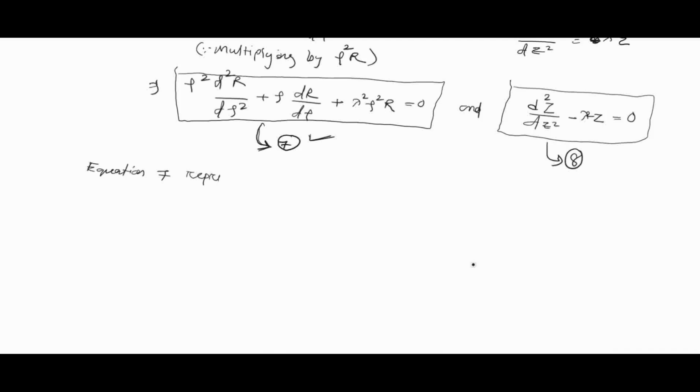So equation 7 represents the Bessel equation of zeroth order.